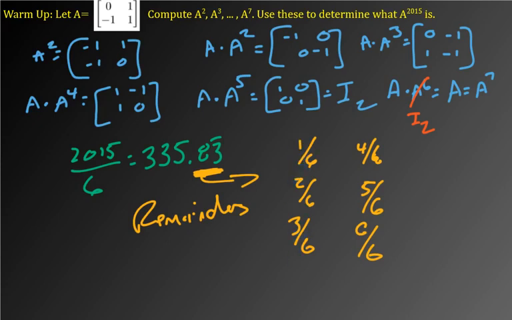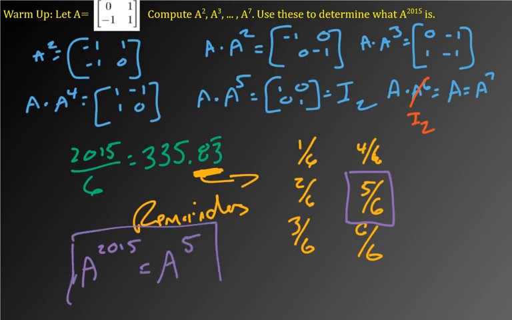So this basically tells you which one you're at, and if you're good with your decimals and you know these things, this is actually 335.83 repeating. And so that means that A to the 2015 is literally the same as A to the 5th, just based on pattern recognition there.